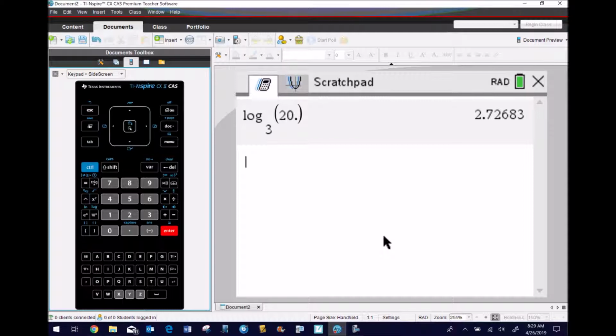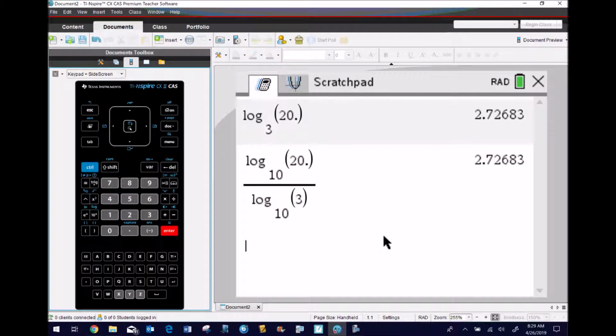But the problem with most calculators, especially scientific calculators, is that you don't have that luxury. So what you would have to do instead is use a common logarithm of base 10 and then put the argument in the numerator and then put the base, which in this case is 3, in the denominator, and you would find that you get the exact same answer.